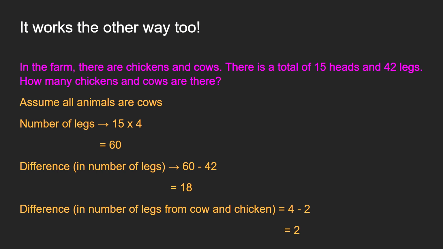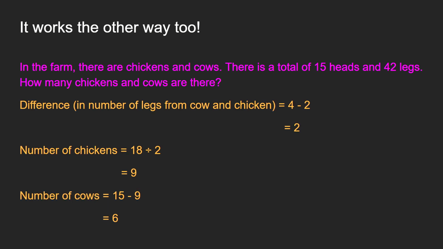There are more legs than actually needed. So to find our number of chickens, we take 18 divided by 2. 18 is our big difference, 2 our smaller difference, and we get 9. And you realize that the number of chickens is 9, like what we found before. So our number of cows is the opposite, 15 minus 9 equals 6.